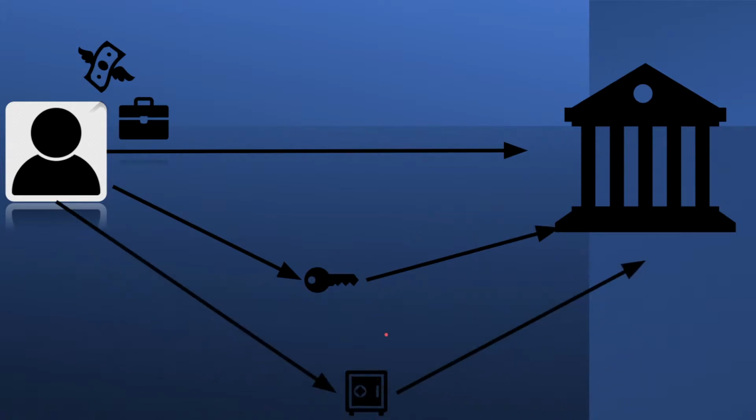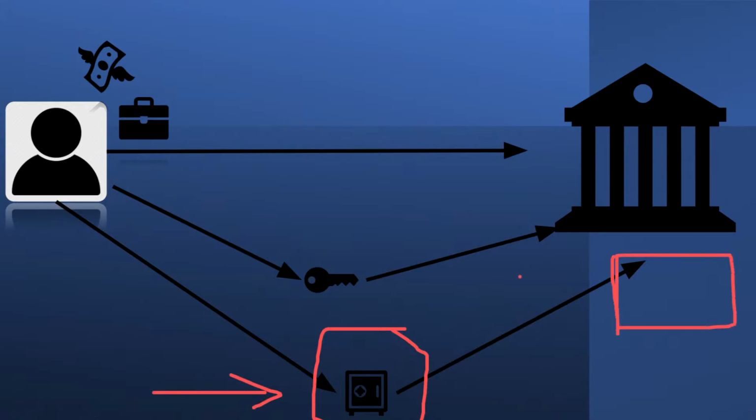Third is, you are creating the vault as well as the key by yourself. There are some people who don't trust the bank completely, they don't trust the bank locker, they don't trust the bank key.